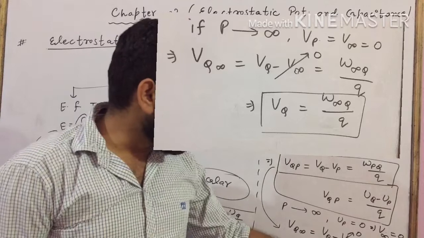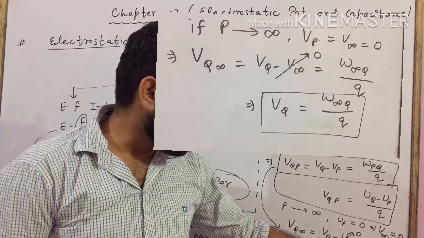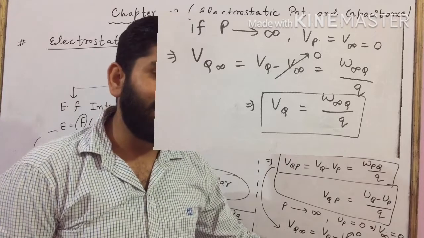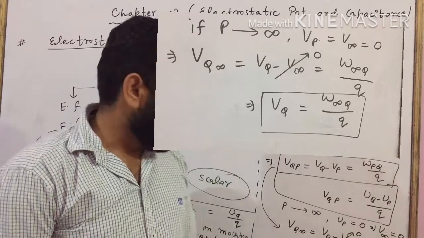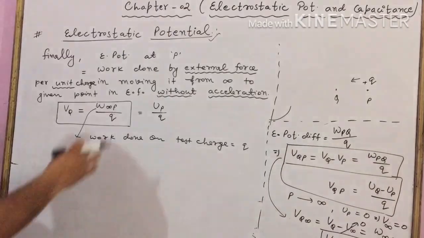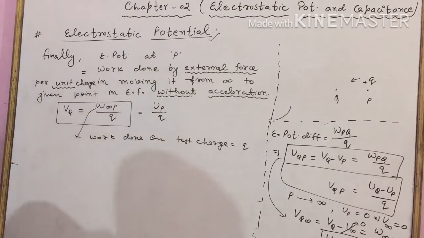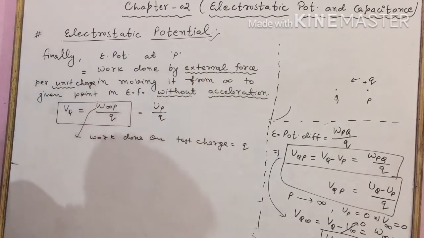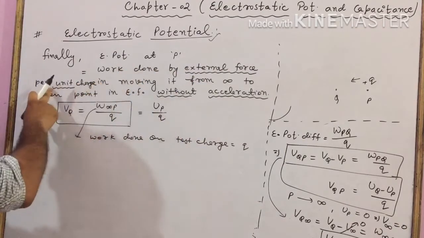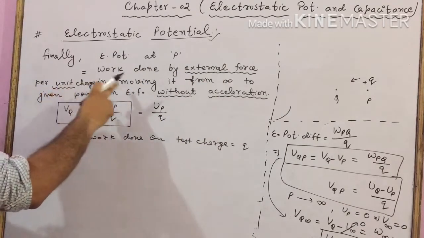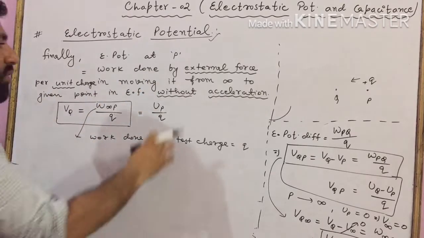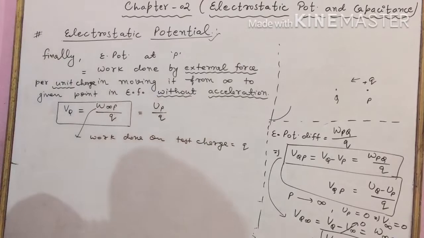It is the work done in moving the charge from infinity to the given point in the electric field, divided by the charge which is being moved. So finally, the electric potential at a given point may be defined as the work done by external force per unit charge in moving it from infinity to the given point, and this whole process should be without acceleration.